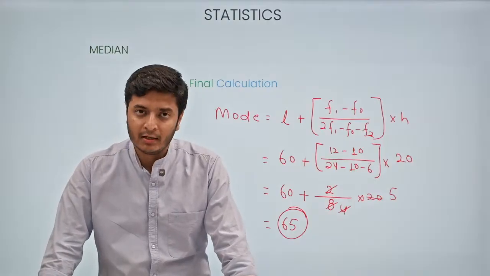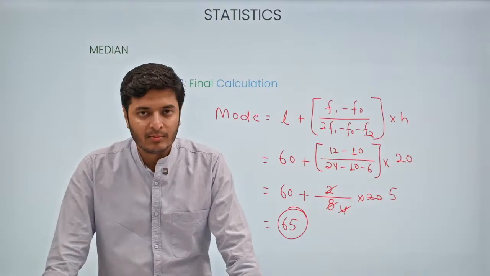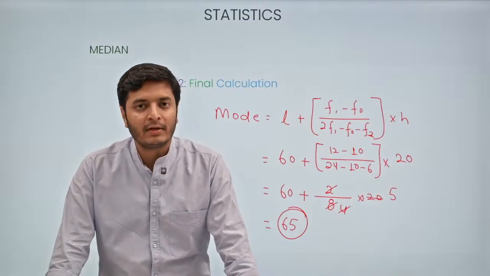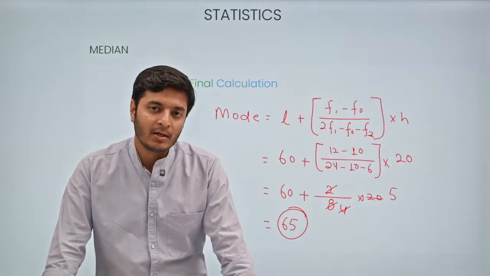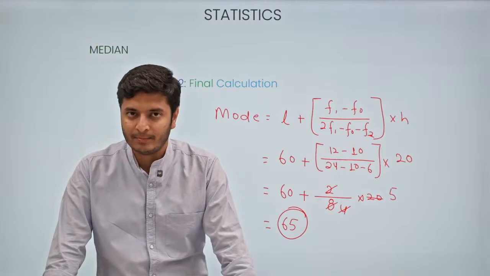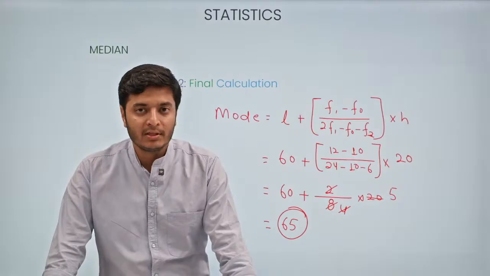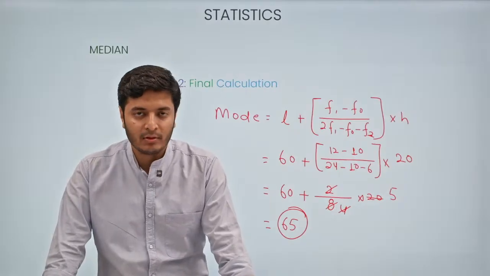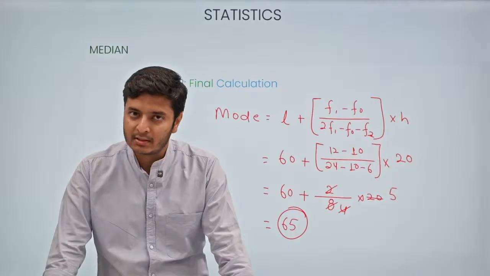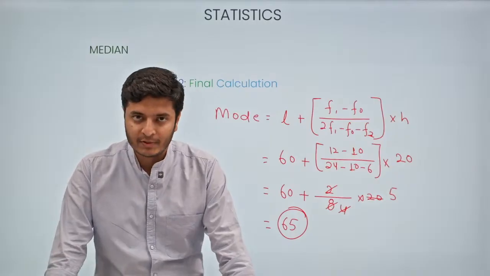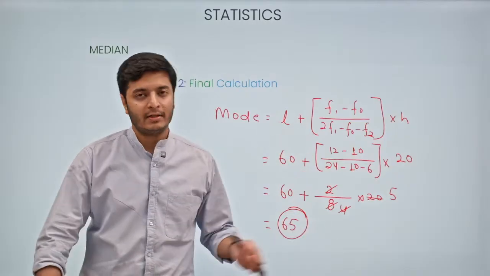H is the class width, which you can find easily by subtracting the lower class limit from the upper class limit. Then the formula is mode equals L plus F1 minus F0 divided by 2F1 minus F0 minus F2, into H. Put the values, find the answer.